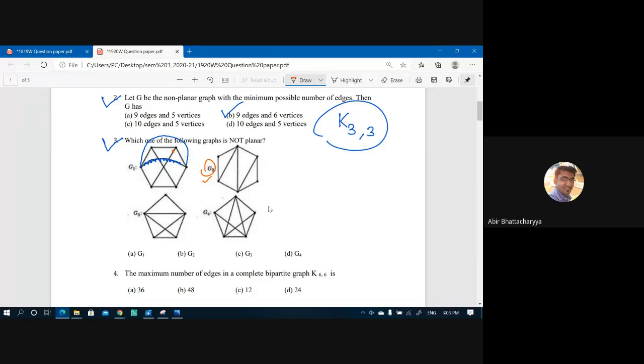G3, in case of G3, we can redraw this graph edge from outside, and we can make it planar. So G3 is also planar. And G4, what we can do, we can make it from here to here.